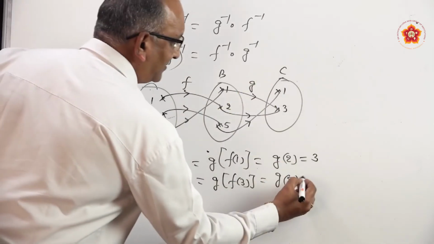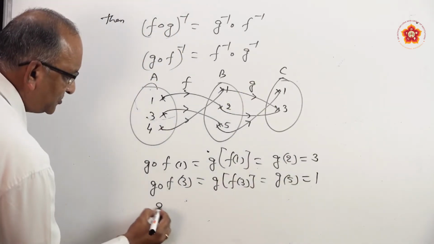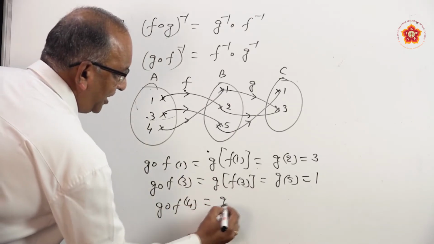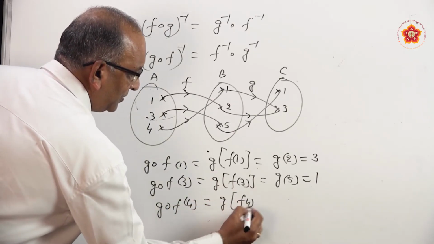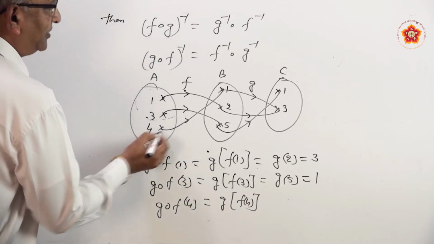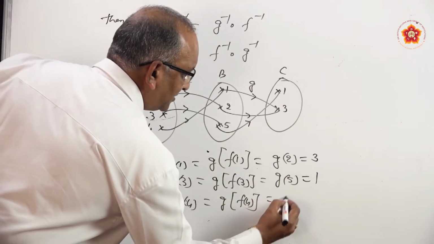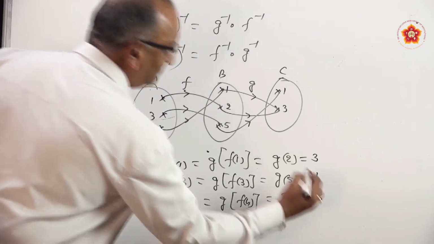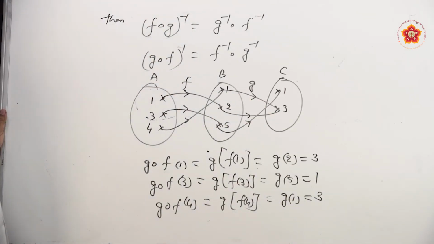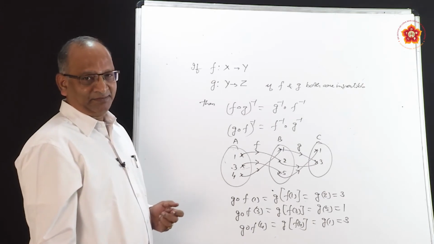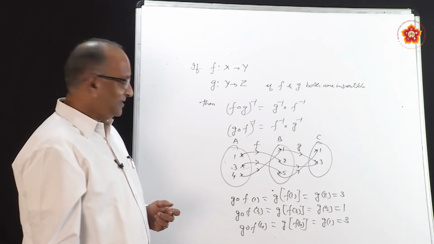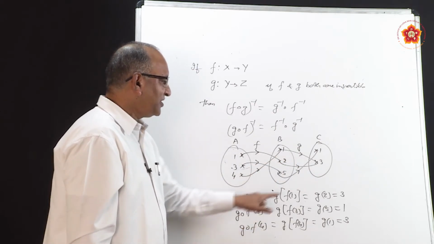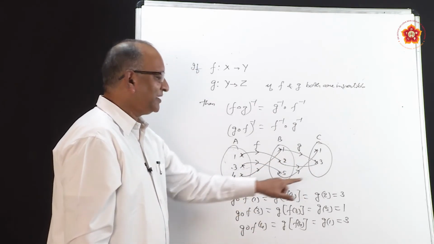It is at 1. Finally, gof of 4, it is g of f(4). Where is the image of 4? It is at 1, so it is g of 1, and where is the image of 1? It is at 3. So this is the answer. What is the answer? The image of 1 is at 3, the image of 3 is at 1, the image of 4 is at 3.